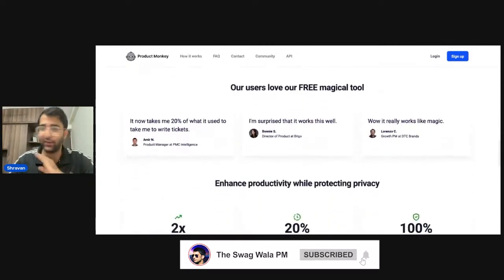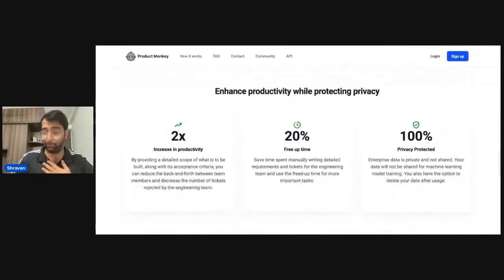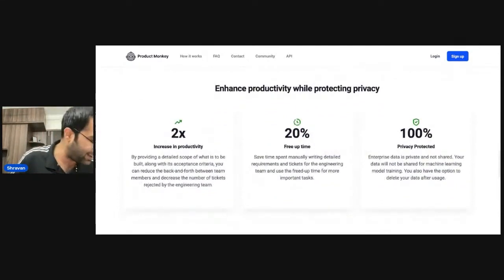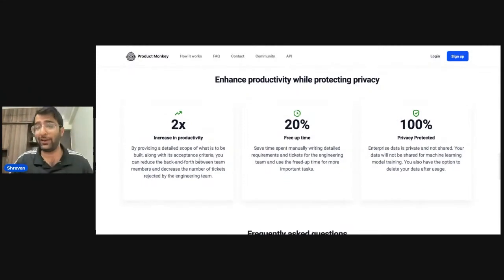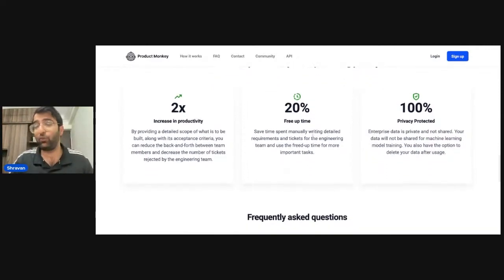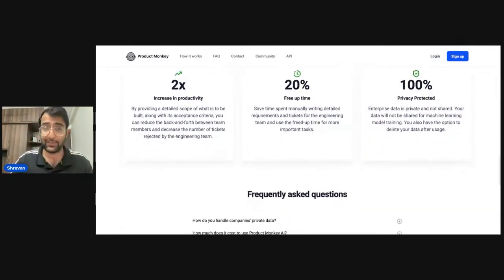I have personally used it and created a lot of PRDs. Even an aspiring PM who wants to write a PRD, or a designer, or someone working with a designer, can use this tool to generate great PRDs. It is supported by an AI, probably generative AI. It has a 2x improvement in productivity, 20% improvement in free time, and it's 100% privacy protected.